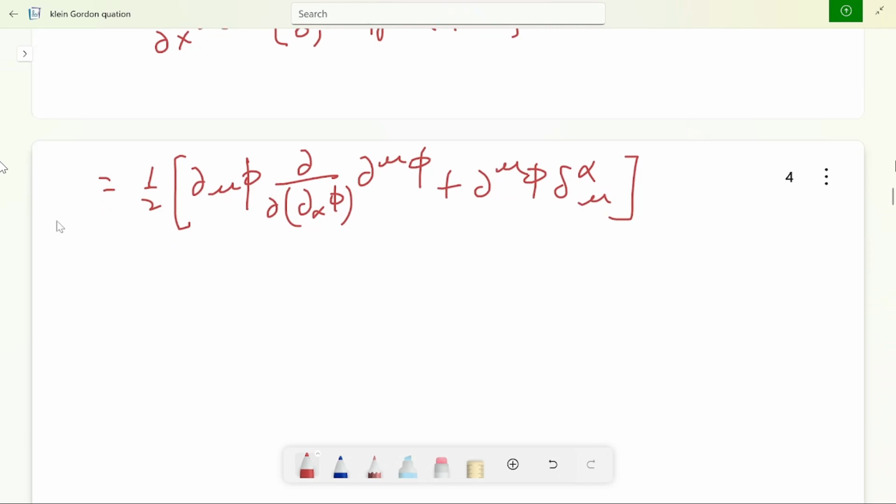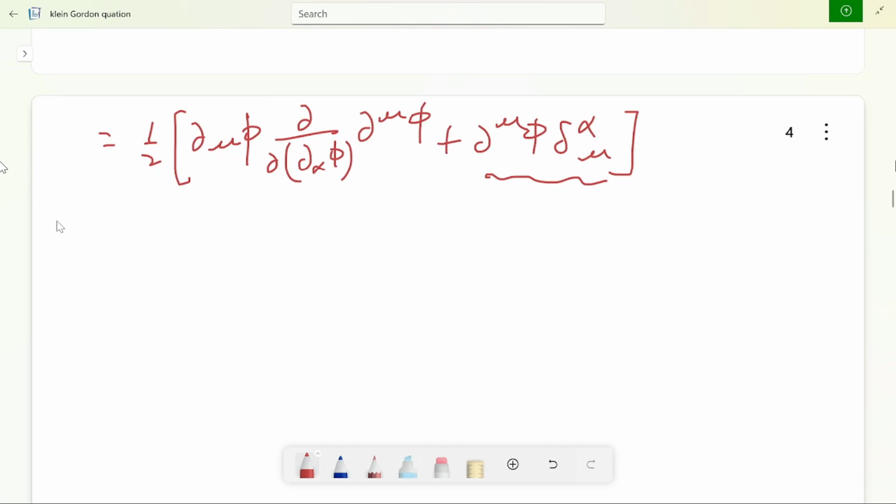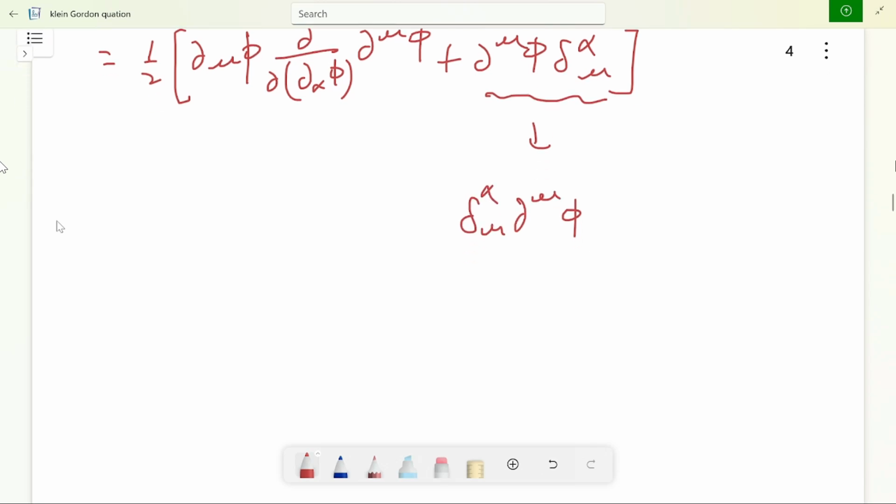Now notice what is going to happen if this Kronecker delta works on this d mu with mu as the contravariant index. Let us see what is going to happen. We have a d mu phi and a Kronecker delta is acting on it, right? So let us write this in the actual form.